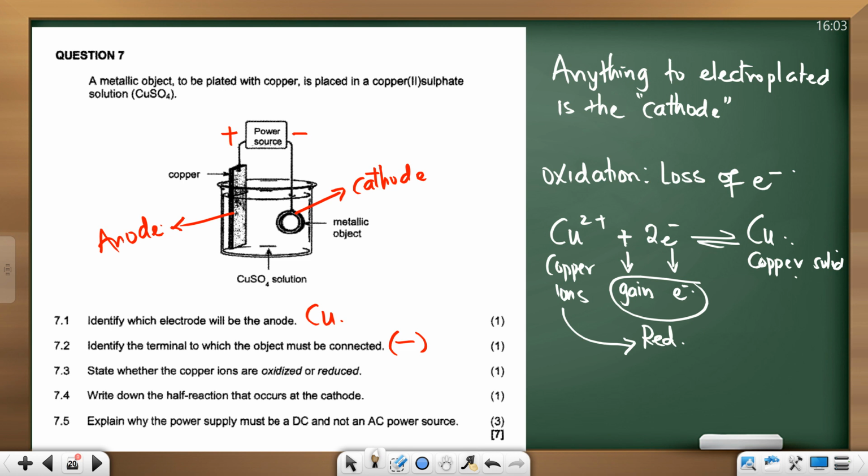All right, so even if I write it backwards now, at the anode, check what I'm going to have. Copper. Do you see this? Now, at the anode, what happens? Oxidation. Do you see that copper solid is oxidized to Cu2+?